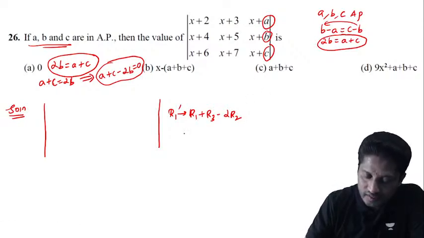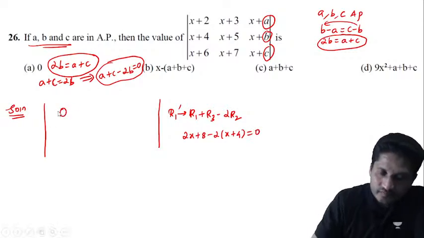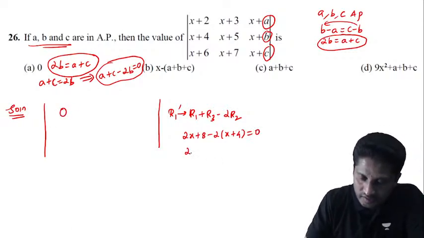R1 plus R3 is 2x plus 8, minus 2 times R2, which is 2 times x plus 4. If you open the bracket, you get 0. Again, R1 plus R3 is 2x plus 10, minus 2 times R2, which is x plus 5. If you open the bracket, you still get 0.